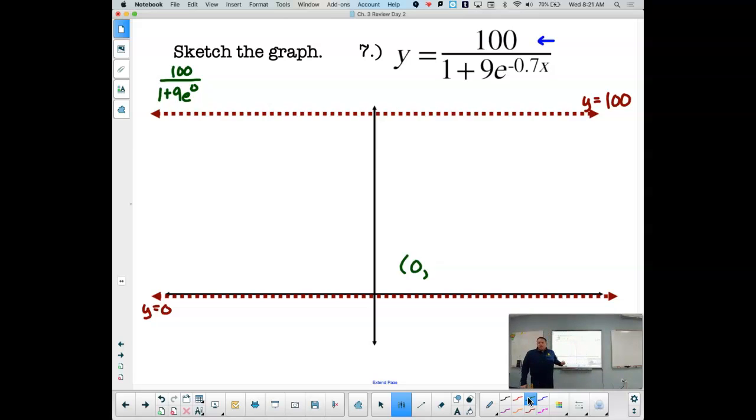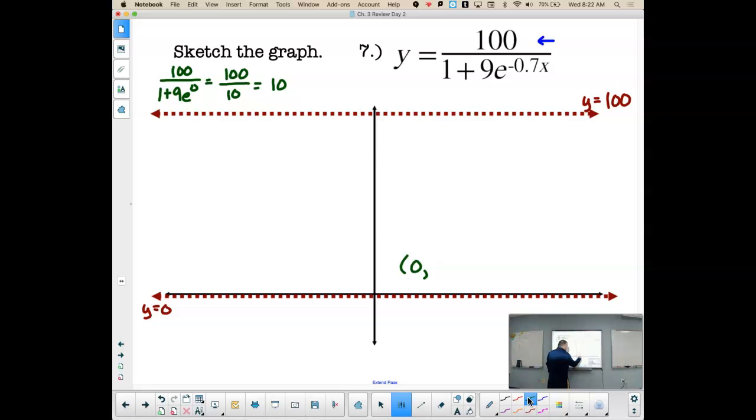E to the 0 power is, you can just show me fingers on this one, 1. Yes. 1 times 9 is 9. 9 plus 1 is 10. So this becomes 100 divided by 10, which is 10.